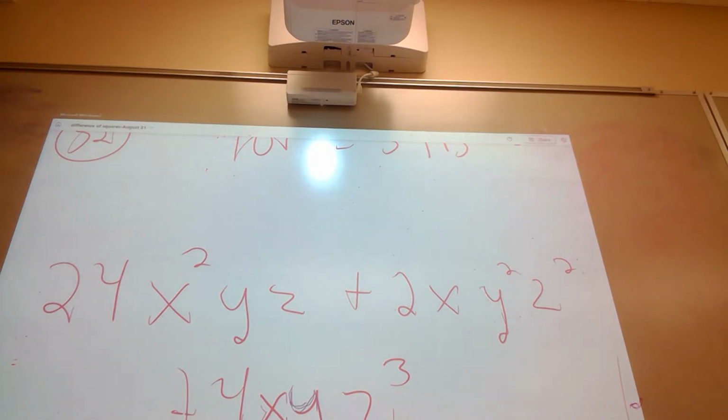Just add one more. See, what do you have left? It doesn't change anything in what you pull out. So just add one more term. So you have three terms in parentheses.